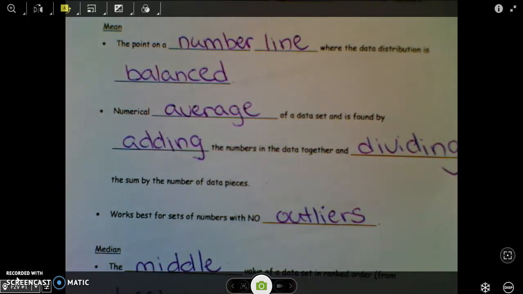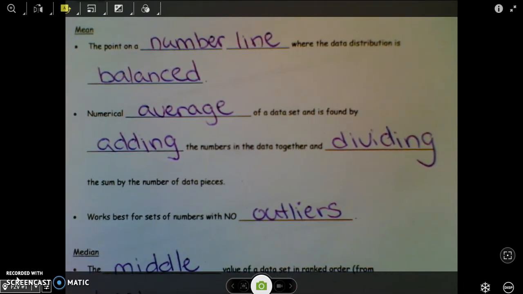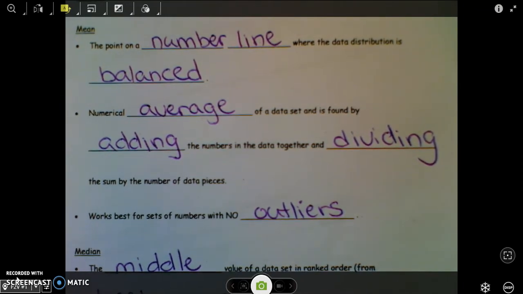So for mean, you tend to see your numbers kind of close together because there's no outliers. Again, you wouldn't see one number repeated a whole bunch of times. So for mean, you just want to check for median or mode first. If it's not that, then it's mean.